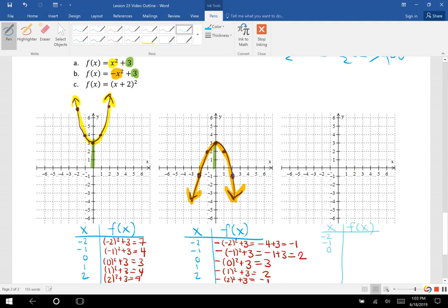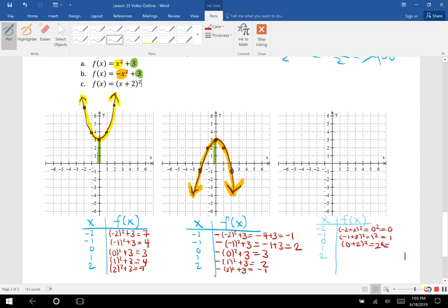If I plug those numbers in, let's see, -2 plus 2 squared, that's 0 squared or 0. -1 plus 2 squared, that's 1 squared or 1. 0 plus 2 squared, that's 2 squared or 4. 1 plus 2 squared, that's 3 squared, or 9.